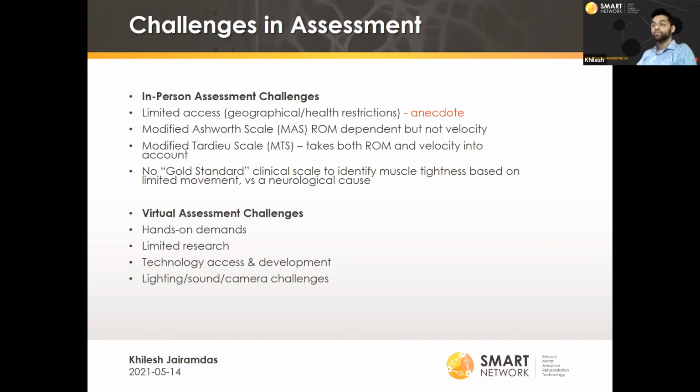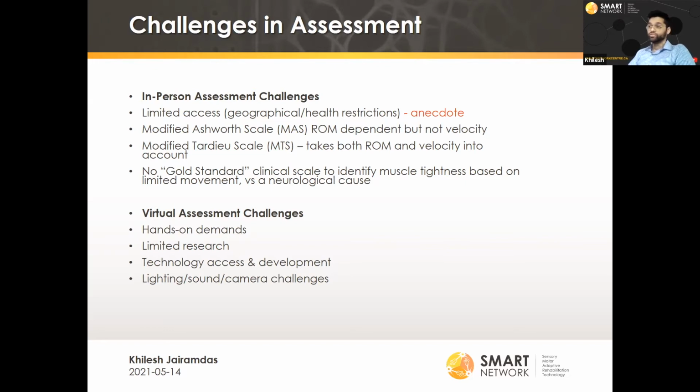However, these are both mostly subjective, with the outcome of the scales being more or less at the clinician's discretion based on what they felt and their best judgment. So there's no gold standard clinical scale to identify just muscle tightness based on other physical factors versus actual neurological spasticity.